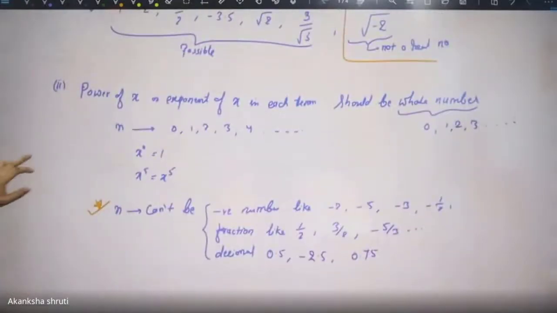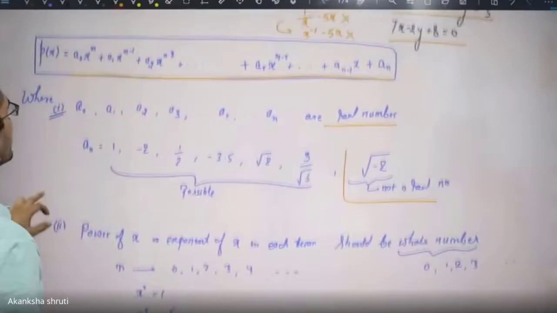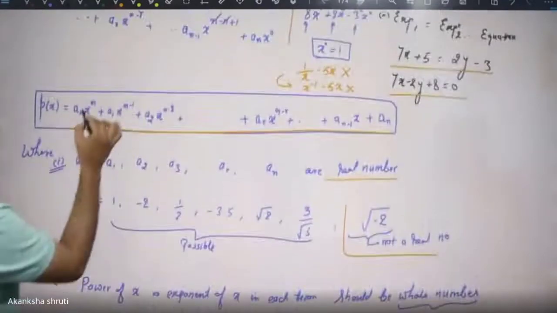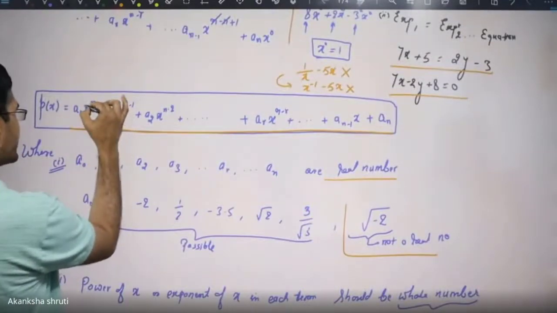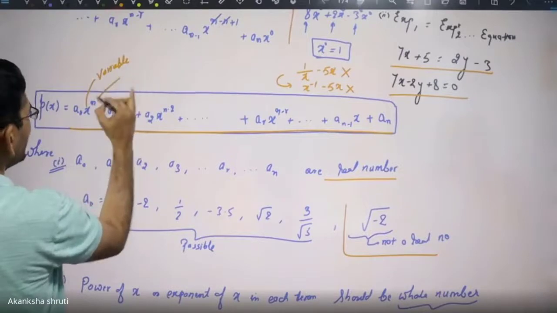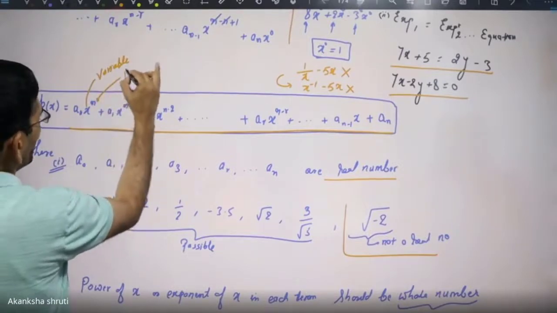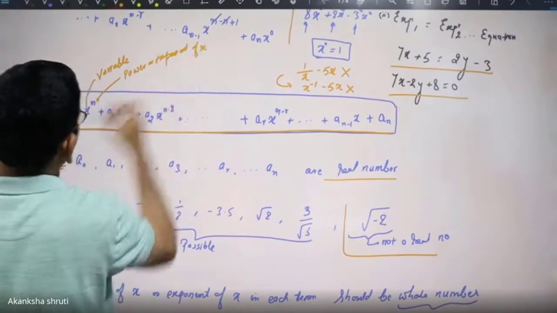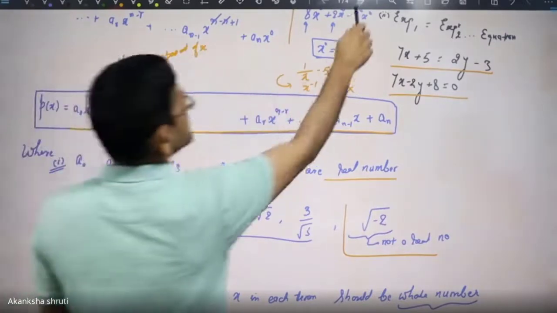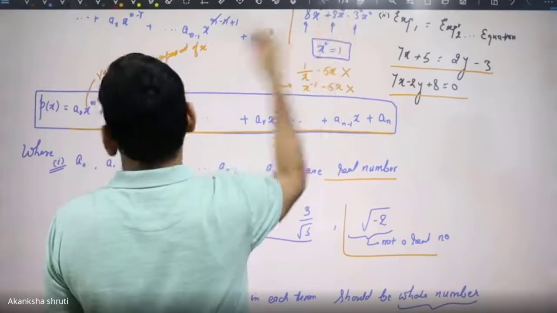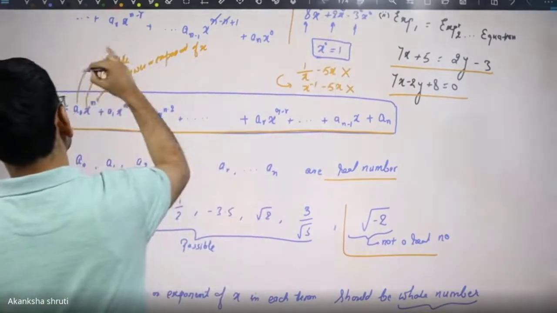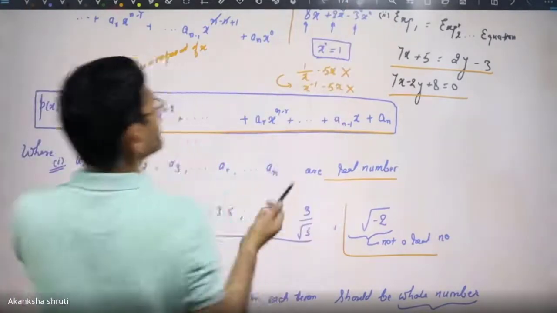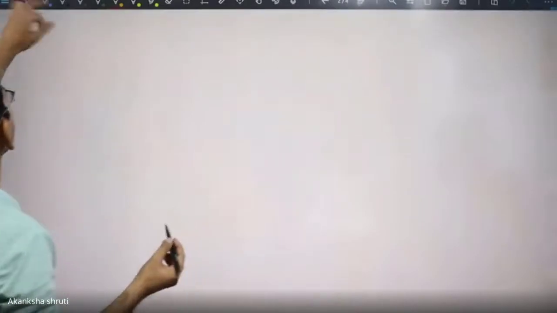Now a few other things that we have to understand. Student, this is the variable x, this n is the power or exponent of x. Let me write on the next page, otherwise it will get more dirty here. This part is called the coefficient. Let me explain a few more terms here.